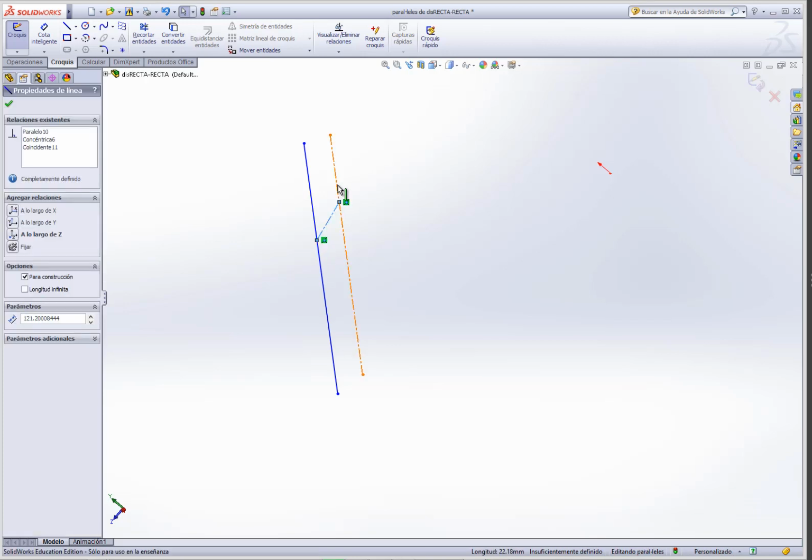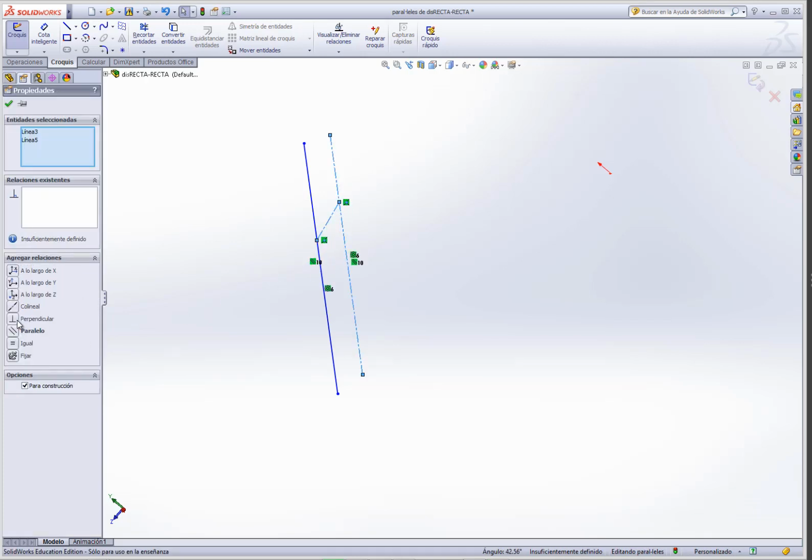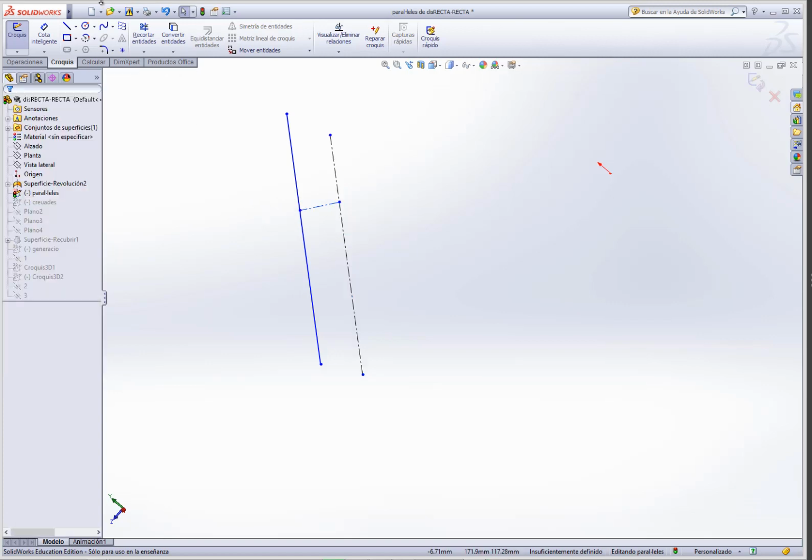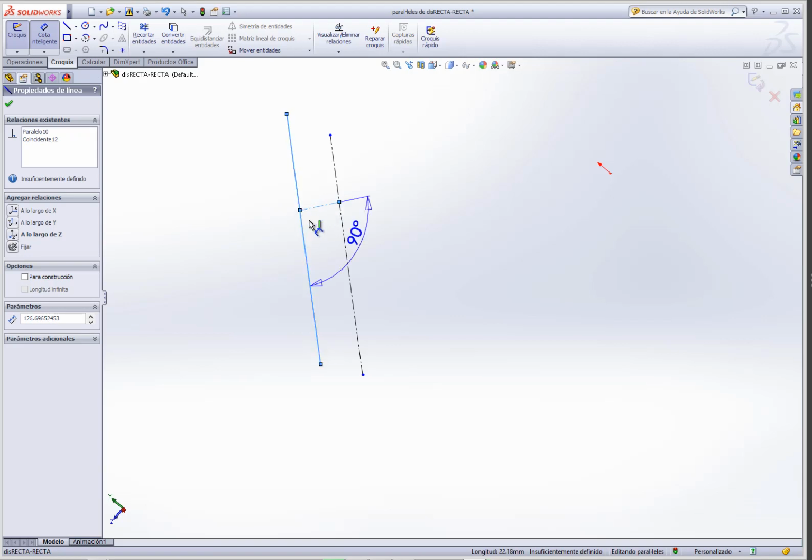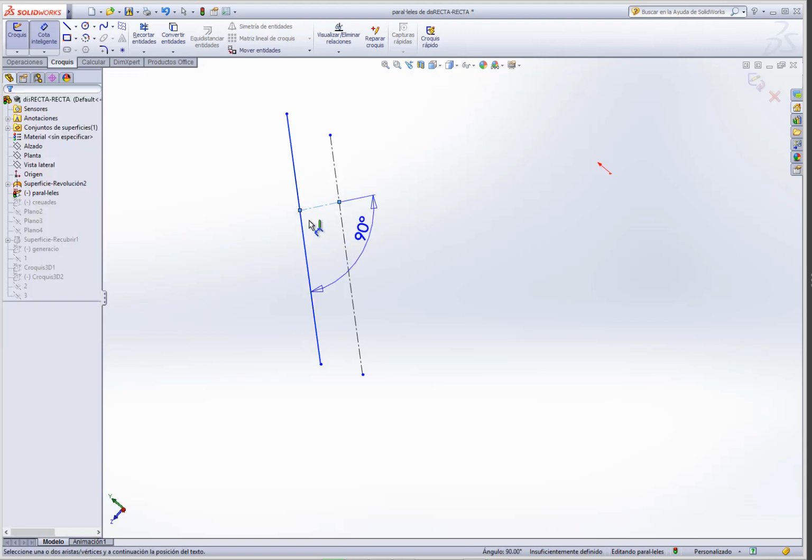In this case, since both lines are parallel, as soon as we make the segment perpendicular to one of the lines, it's going to be already perpendicular to the second one. We can check this by measuring the angle between the segment and the second one, and we can see that it's already a 90 degrees angle.